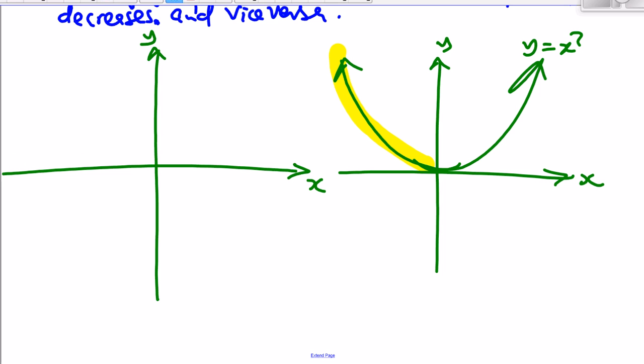So what I mean is this function here will be increasing, and on the right, this function is increasing, which means this function will be decreasing.